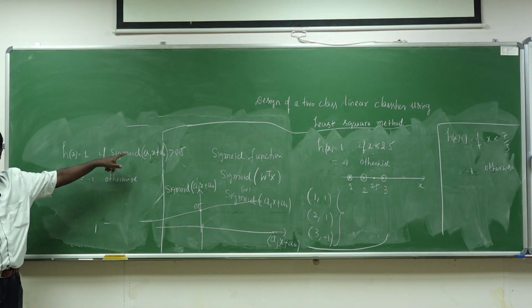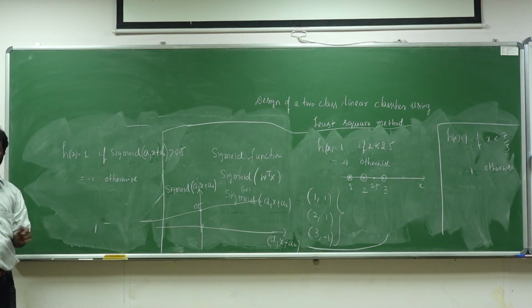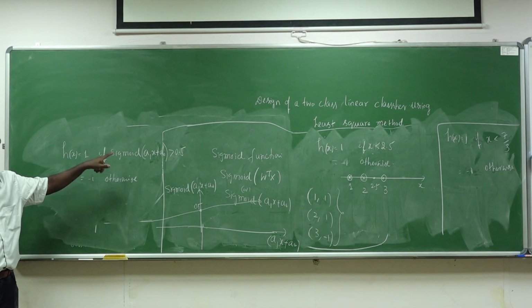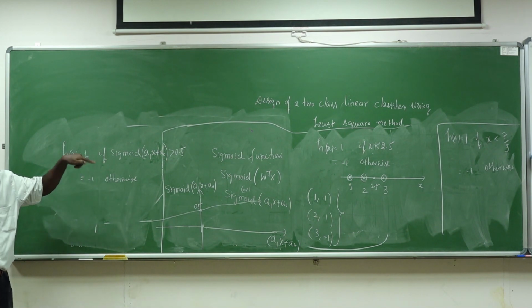The sigmoid function is used to convert the values into probabilities, right? But the sigmoid function plays a key role in neural networks.